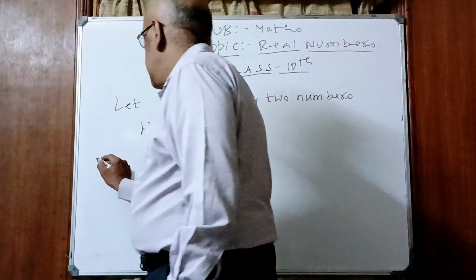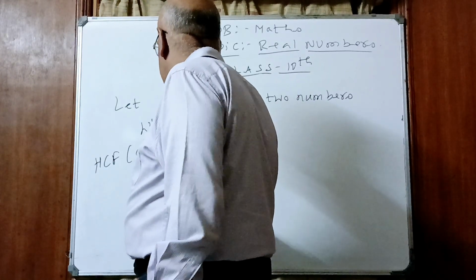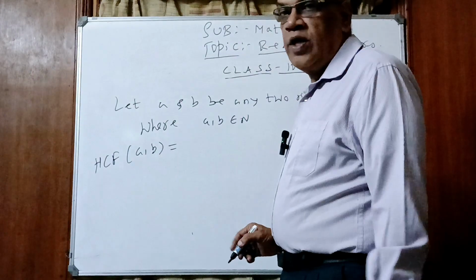Then HCF of the two numbers A comma B is equal to what, children?